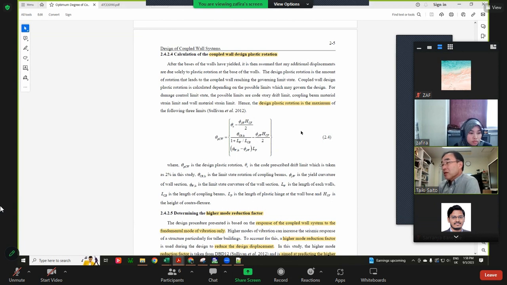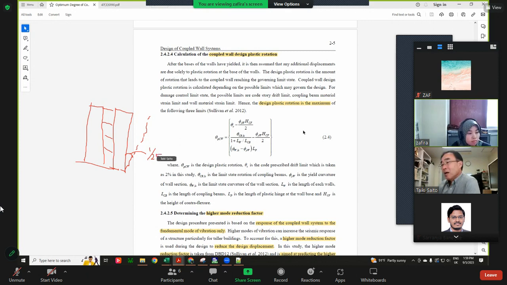Well, this is a design target. So if the target drift of the building, this angle is 1/250, for example. I believe this is pi y w.